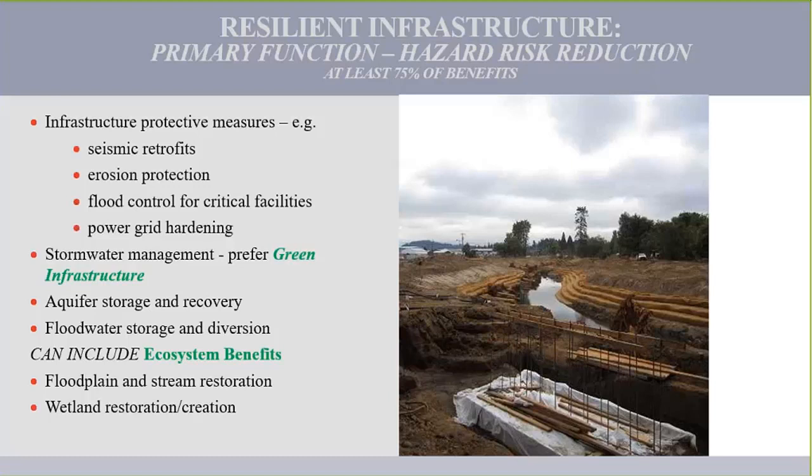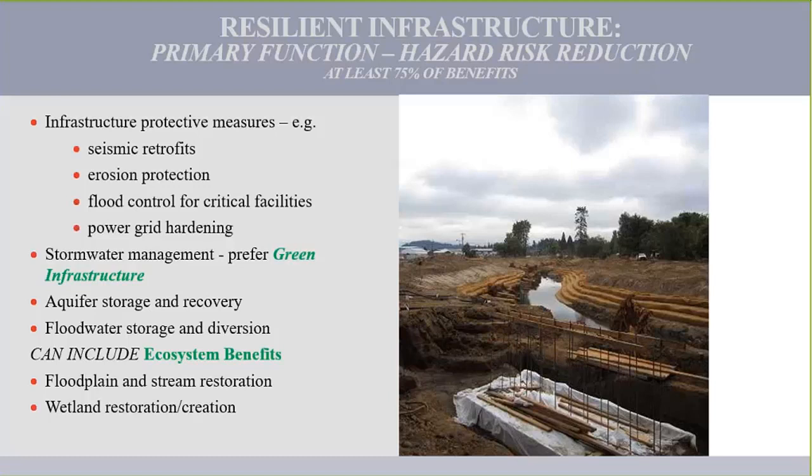75% of the benefits of a resilient infrastructure project have to result from hazard risk reduction directly, whether it's flood or seismic or erosion, whatever it is. It has to be identified with the hazard risk reduction: reduced damages, reduced downtime for detours, or for water systems being out and not providing the local community with water supply for several days.